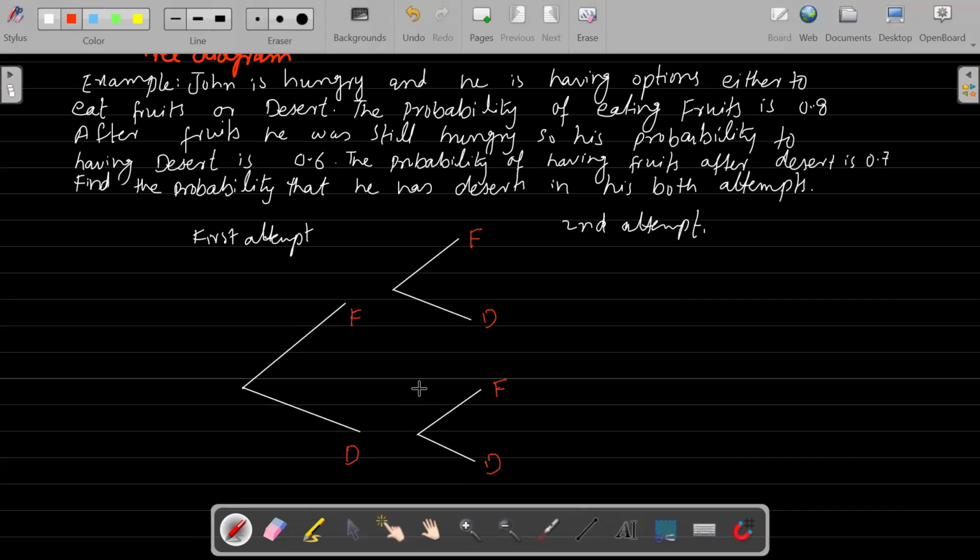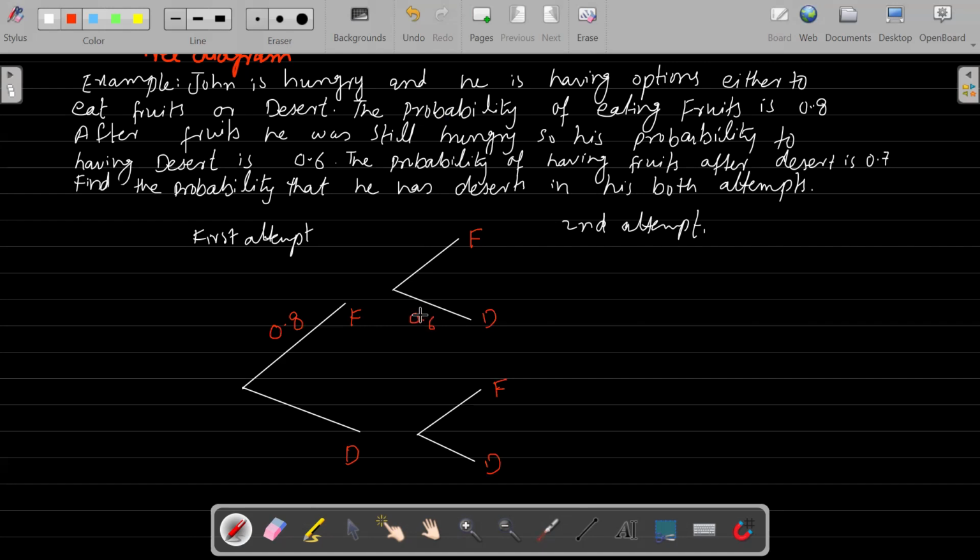Now it says that in his first attempt, he has a probability to get fruits. Then after fruits, he was still hungry, so his probability of having dessert is 0.6.